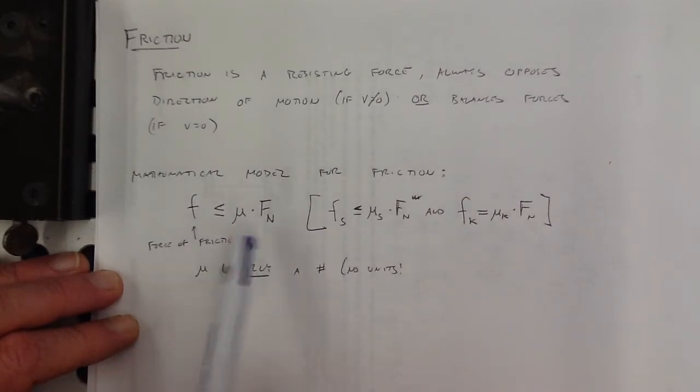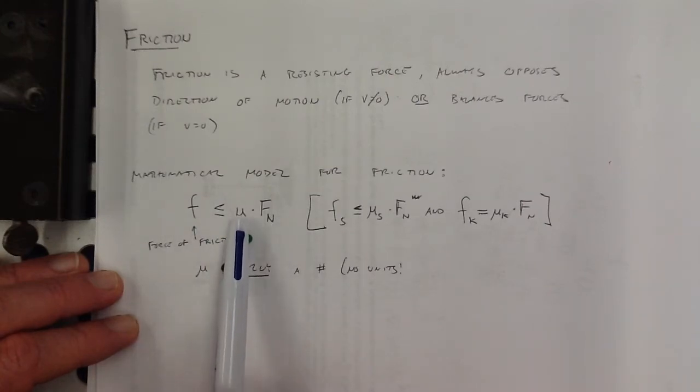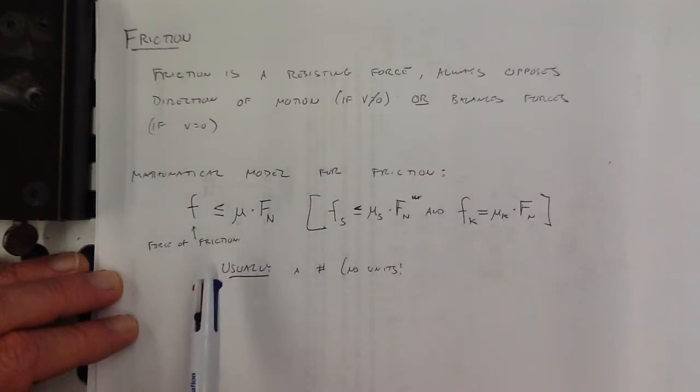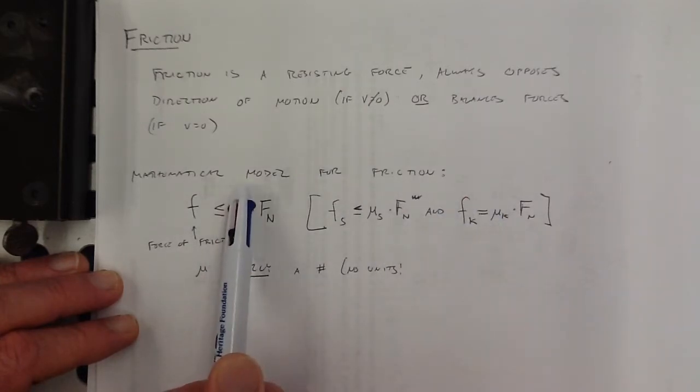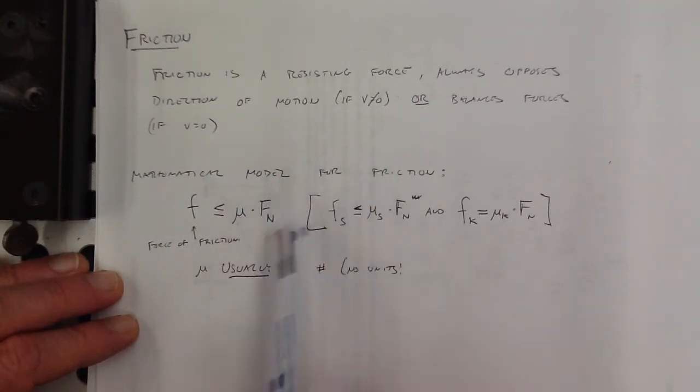Well, if you look at the equations we have here, or inequalities that we have here, this is a force and this is a force. So for this to be dimensionally consistent, this doesn't have any units. Or, if you prefer, it has units of newtons over newtons, like newtons per newton. How much friction do you get? Well, you get like half a newton per newton of normal force.